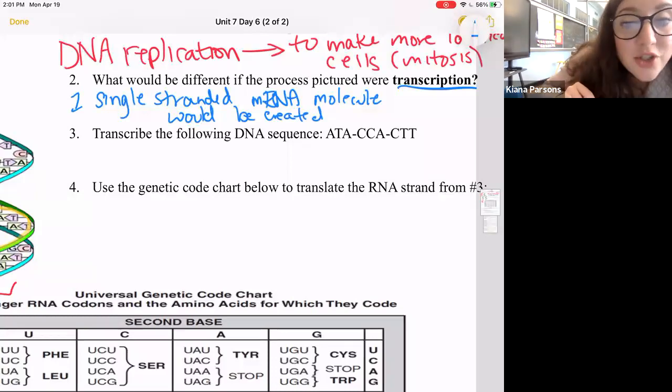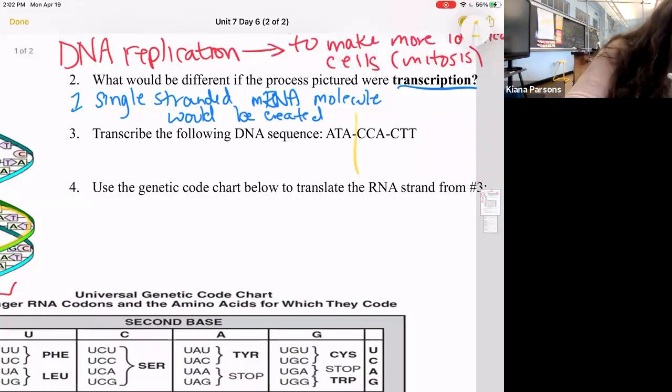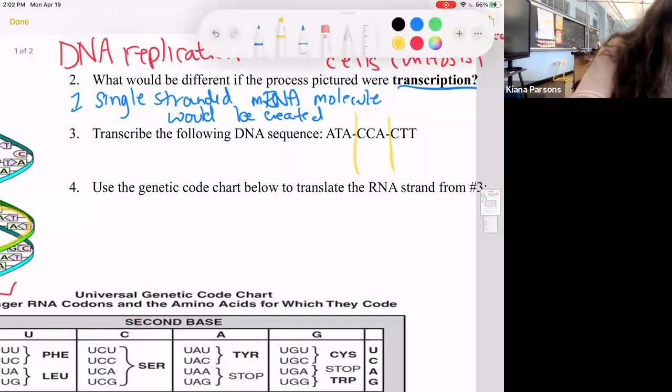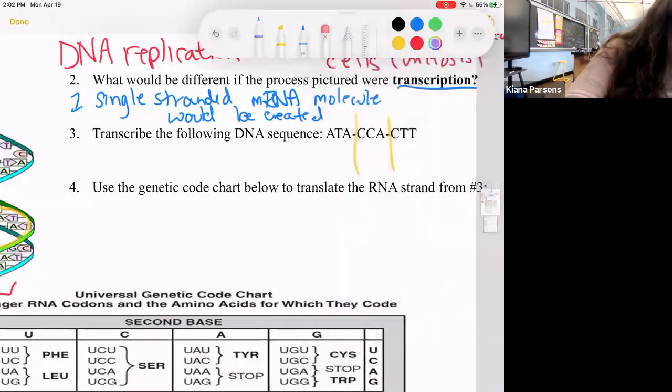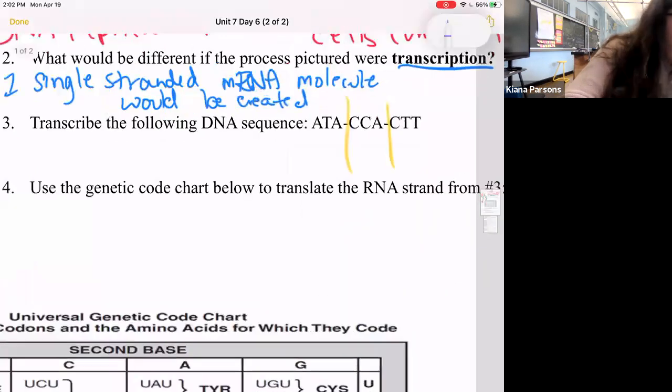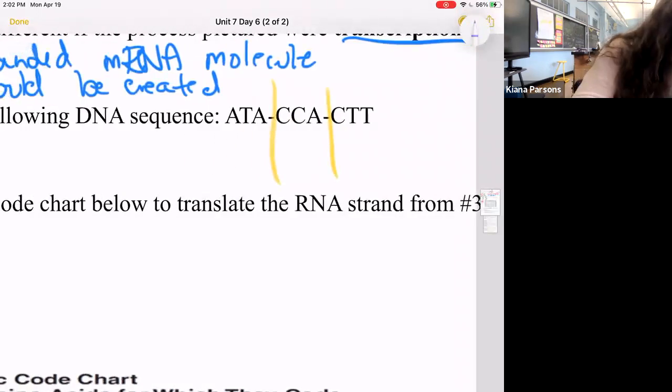Question number 3, transcribe the following DNA sequence. So we have ATA, CCA, CTT. So let's transcribe that, baby, which means we're turning it from DNA into mRNA. So we have the mRNA sequence.